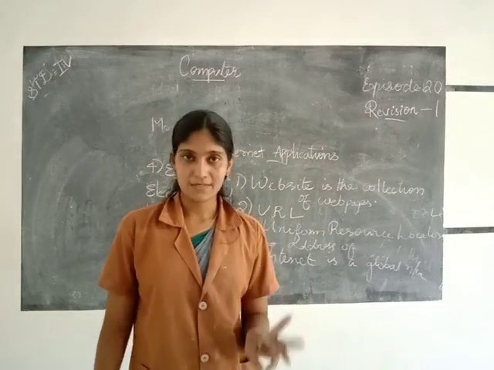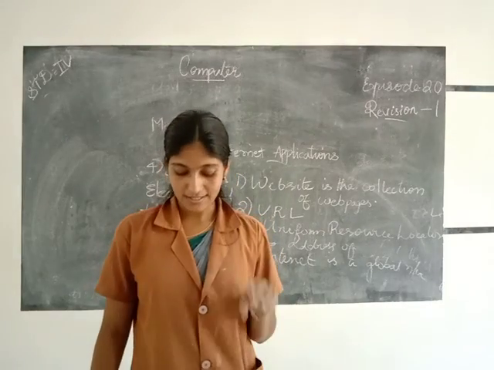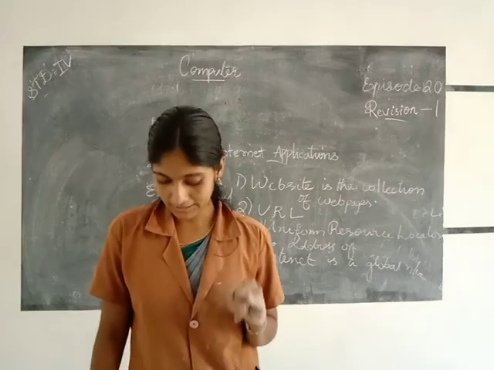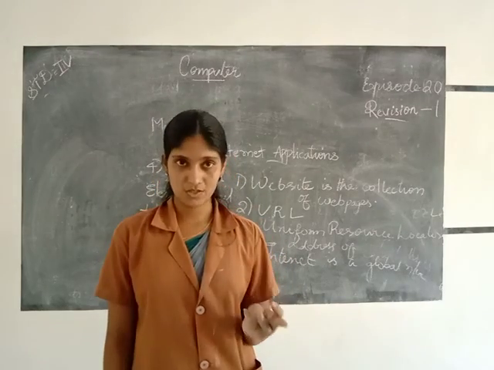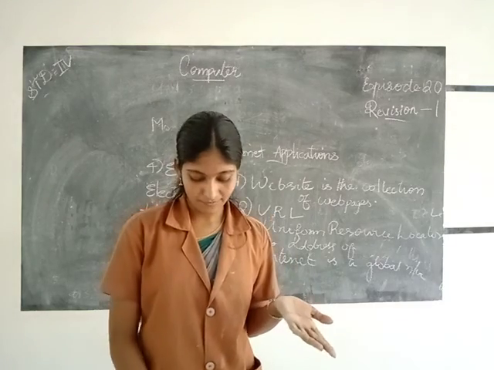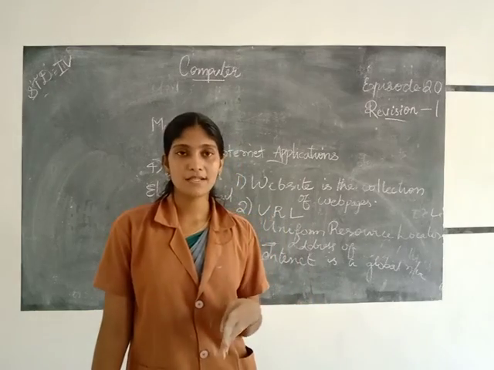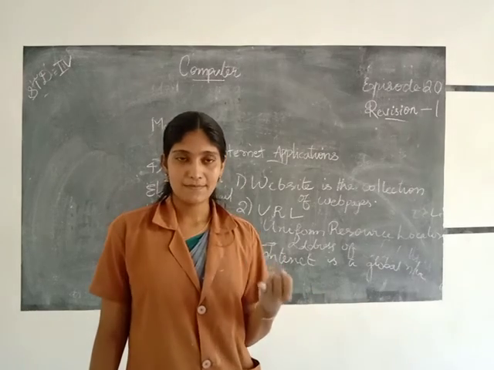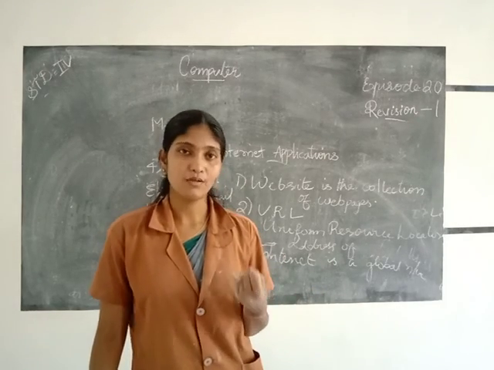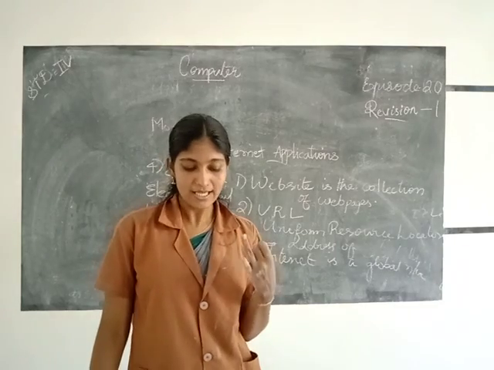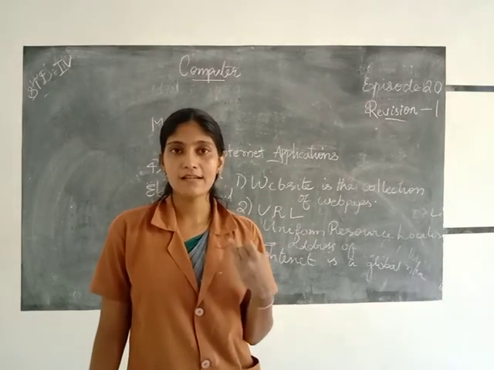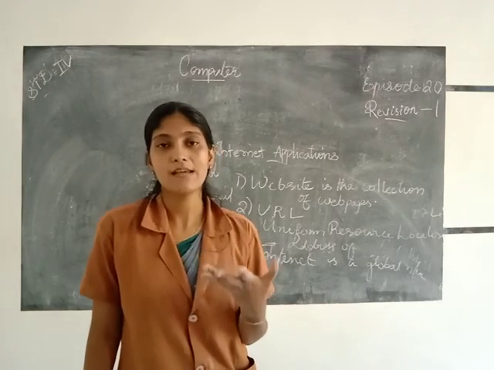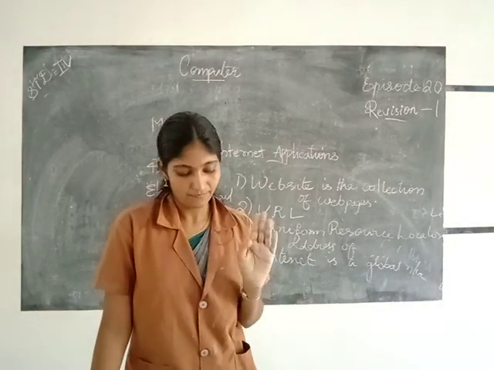Then next chapter, chapter 9, the Internet applications. First one, WWW. It is the graphical part of the internet consisting of pictures, audios, videos, etc. Then some important terms related to the internet. That is website. Website is the collection of web pages. Web page means it is a digital page containing the contents or the information in the form of text, image, audio, video.